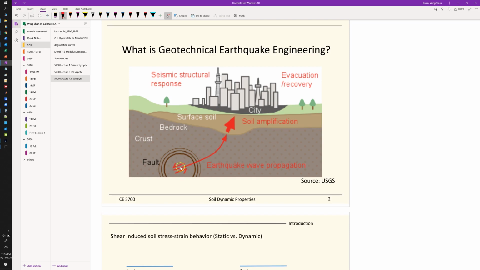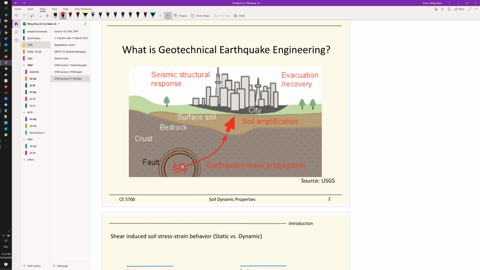When an earthquake happens, it's a release of energy or stress at the plates of the earth's crust. Energy has built up until it is high enough that the earth plates cannot withstand it anymore.